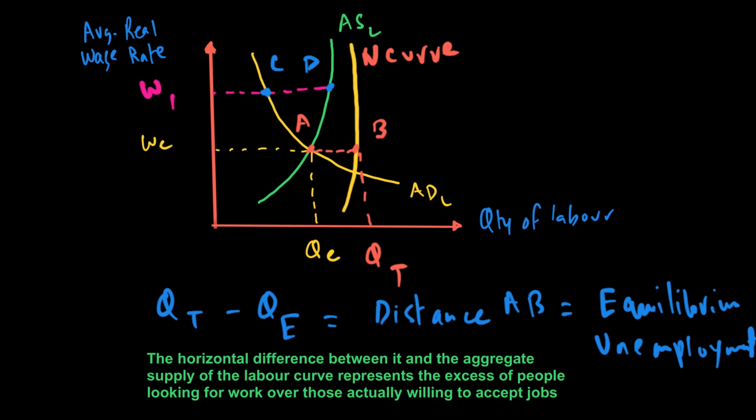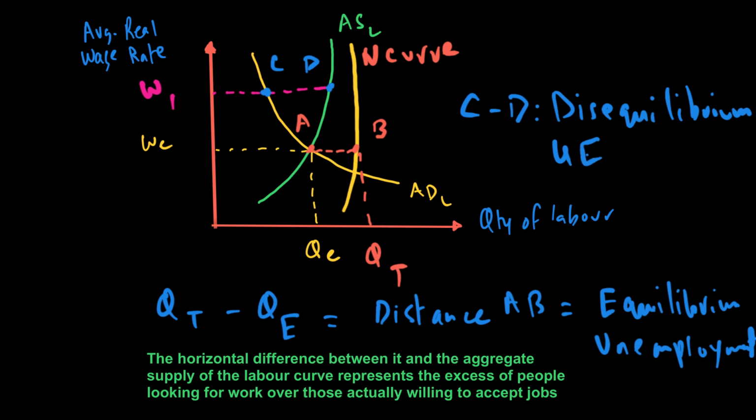This gap CD is what we call disequilibrium unemployment. Disequilibrium unemployment is happening because the market is not at equilibrium.